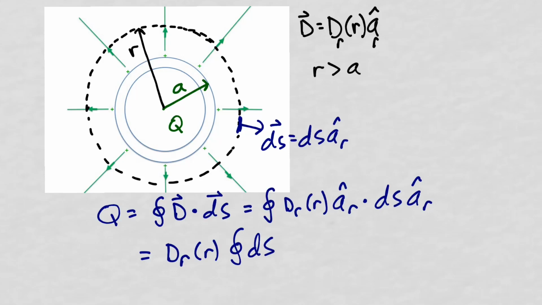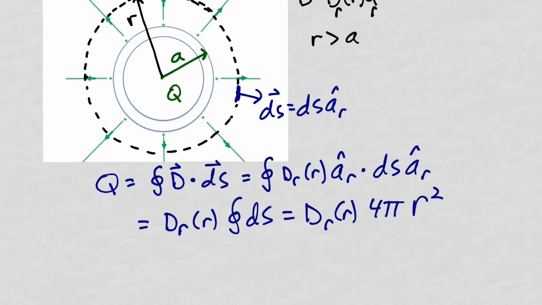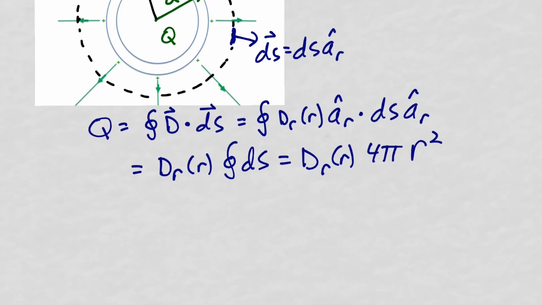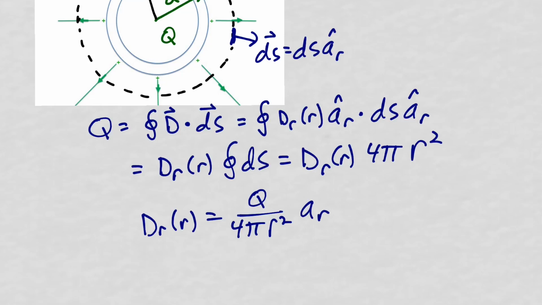So that's just the surface area, 4 pi r squared. So our electric flux density field is Q over 4 pi r squared in the a sub r direction.